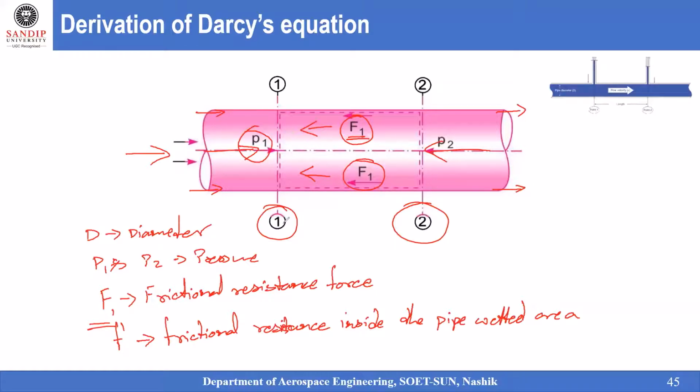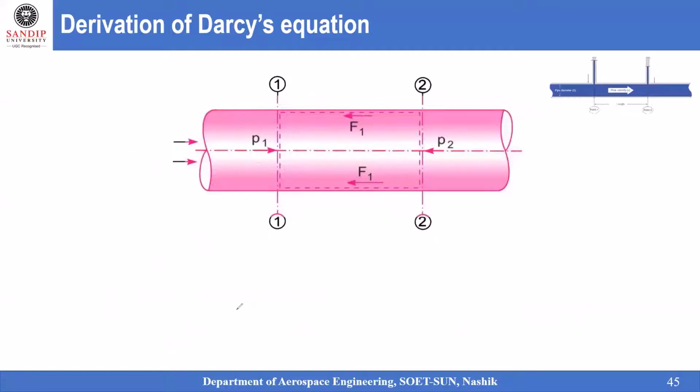Now let us apply the Bernoulli's equation at point 1 and point 2. Then we will see how exactly the fluid flow is varying inside this.